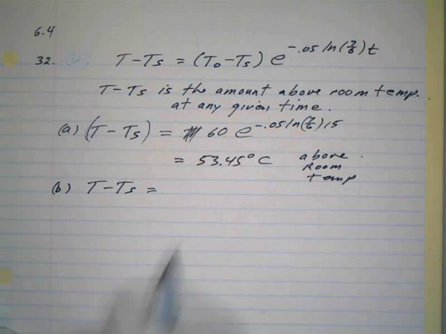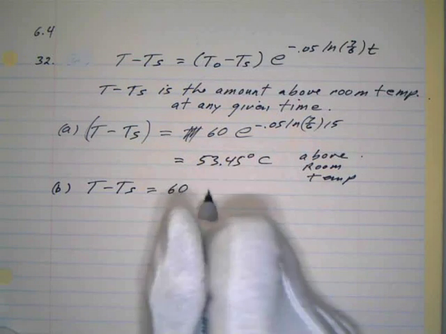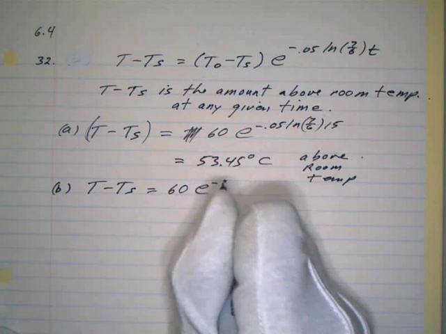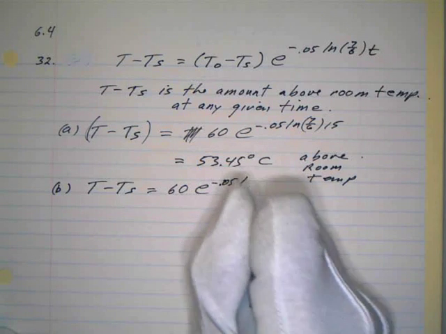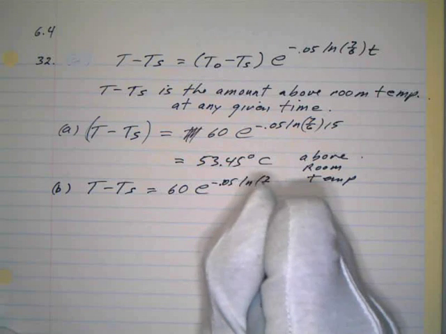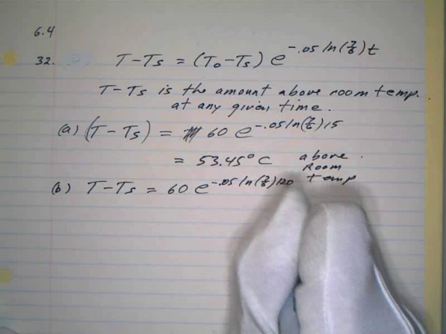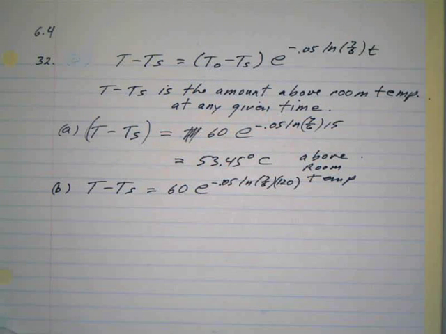It's set up for the problem, so that's 60. That's going to be E to the negative 0.05 natural log of 7 over 6. And 2 hours would be 120 minutes because this is in minutes. Because our initial negative 20 was in minutes.